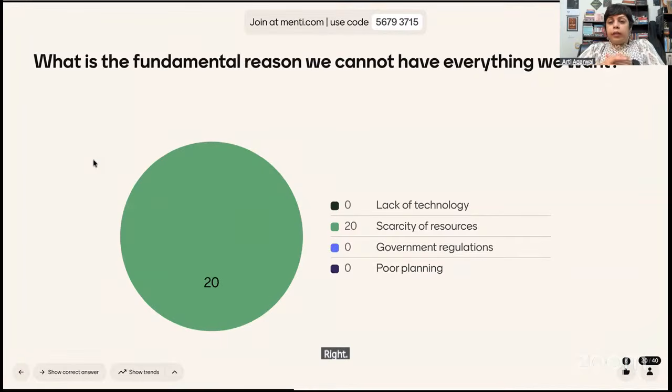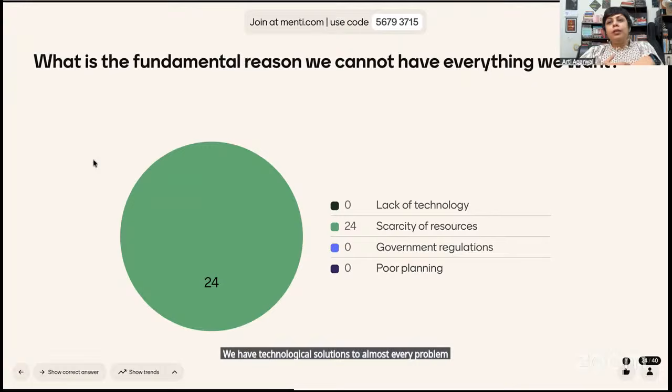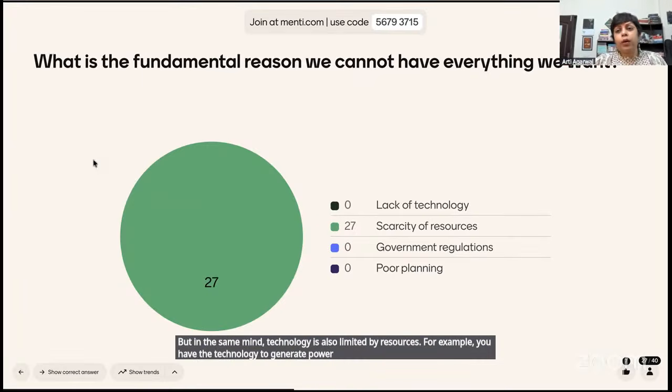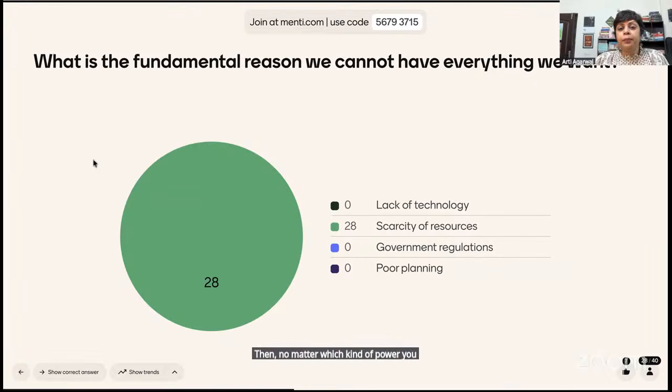So we are not really in that age or time where lack of technology is a problem. We have technological solutions to almost every problem. But at the same time, technology is also limited by resources. For example, you have the technology to generate power, but even then, no matter which kind of power you want to generate, every kind of power generation process does require some limited resource, right?